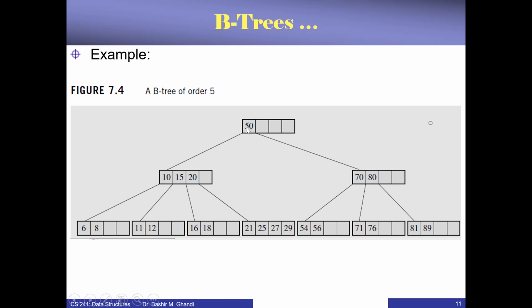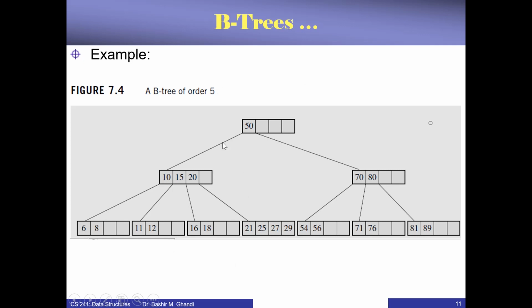The root can have 1 key, but any other node must have at least 2 keys, because ceiling of 5 over 2 is 3 and 3 minus 1 is 2. So the minimum number of keys in any other node must be 2. This is the minimum. As you can see, the remaining nodes, they all satisfy that minimum. This is 3, this is 2, so this is at the minimum actually. 2, 2, 2, and so on.